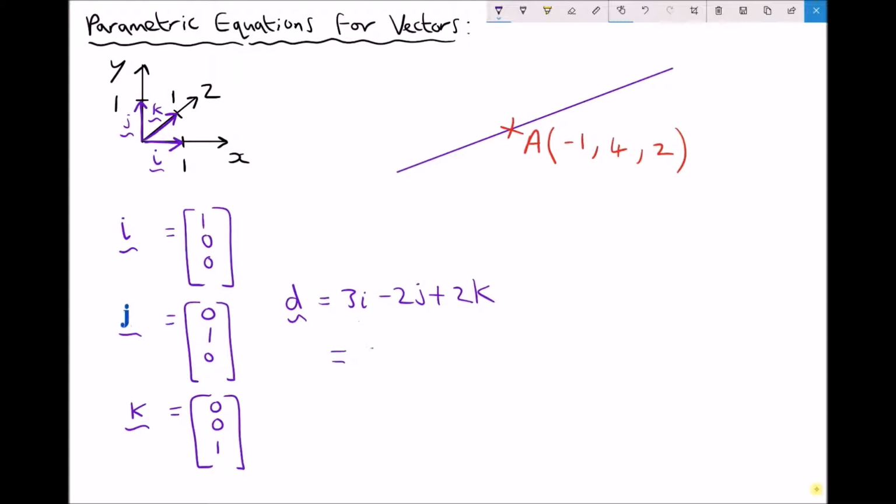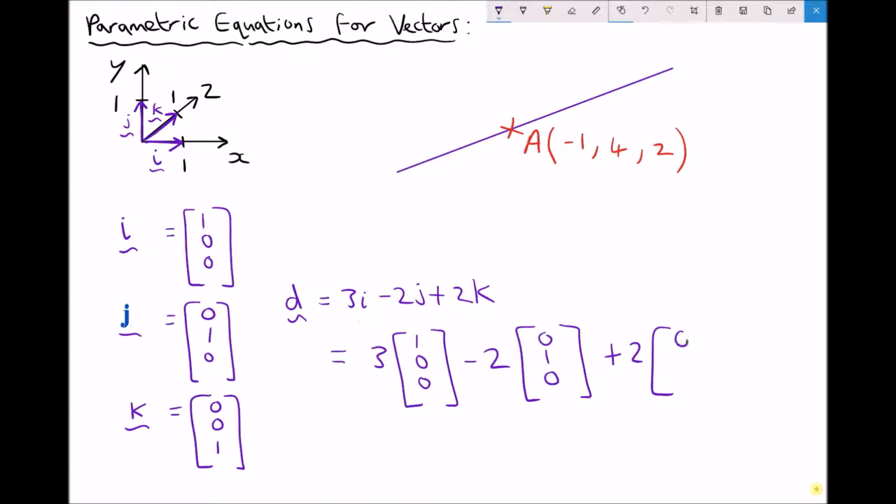So what we would actually have here is 3 times the unit vector i of 1, 0, 0, minus 2 times the unit vector j of 0, 1, 0, and plus 2 times the unit vector k of 0, 0, 1.